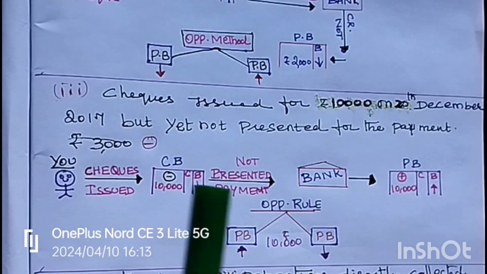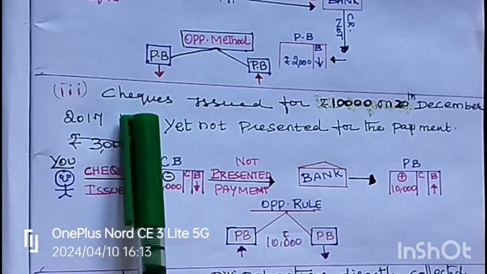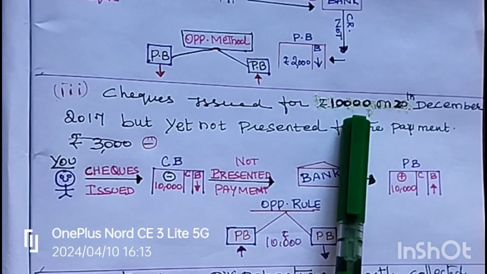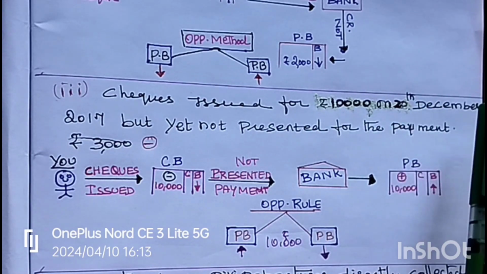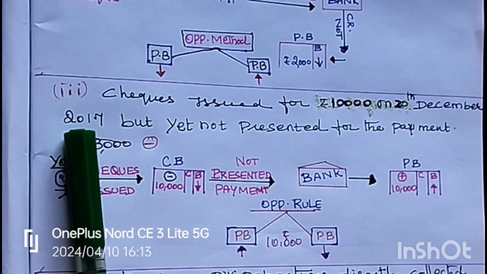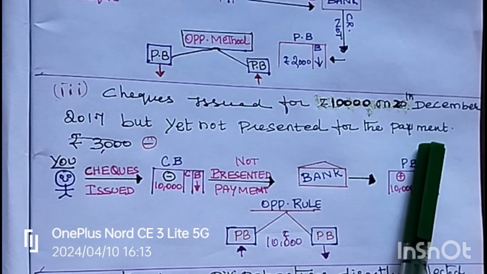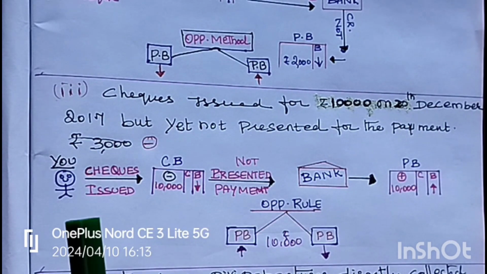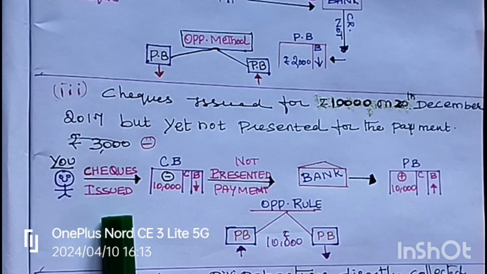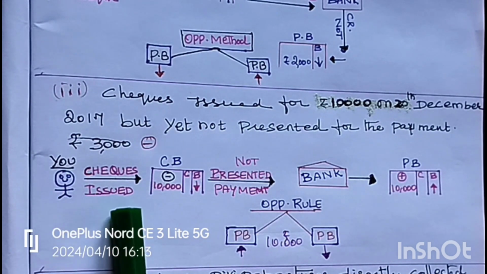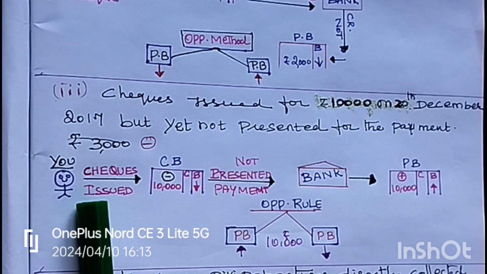Let's read the next transaction, that is checks issued for 10,000 rupees on 20th December 2017 but not yet presented for payment. When the check was issued by the business, it is like making a payment through check.